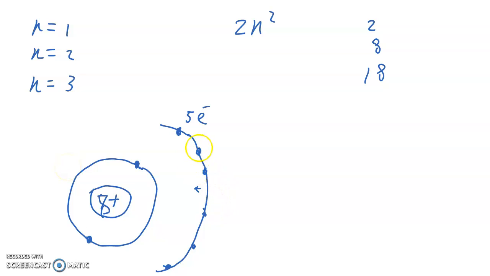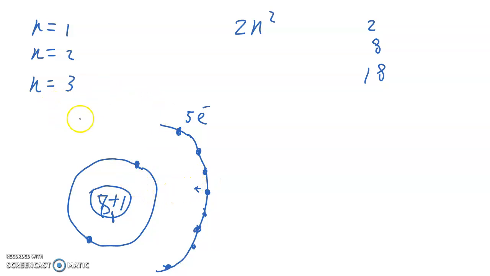If I put another one, I have 9 positive inside and 9 electrons, 2 over here and 7 over here, so it will shrink more. If I increase by another one, it will shrink even more because I have so many positive charges inside pulling the electrons in.